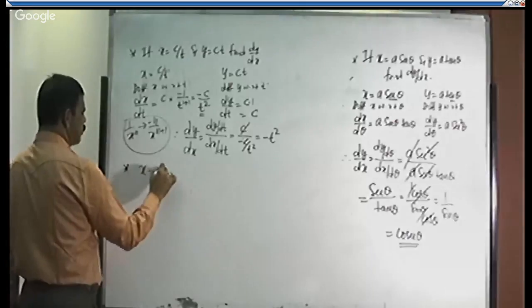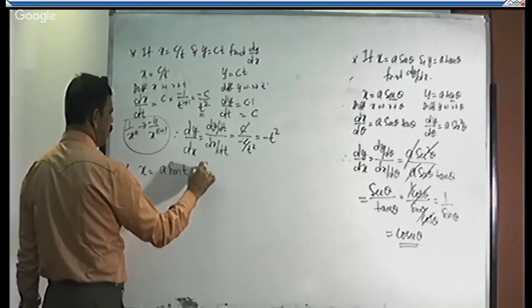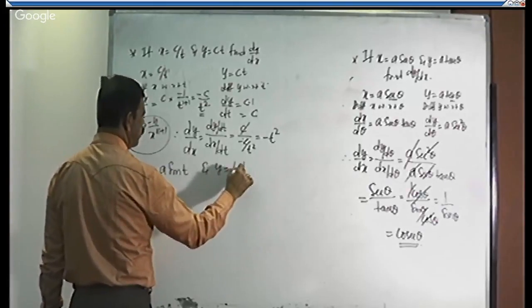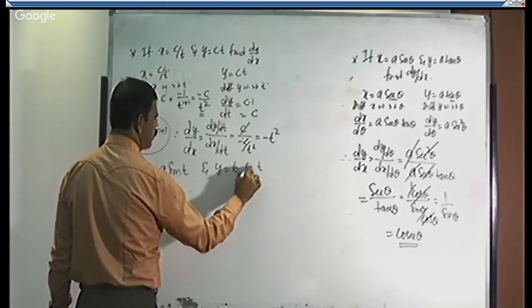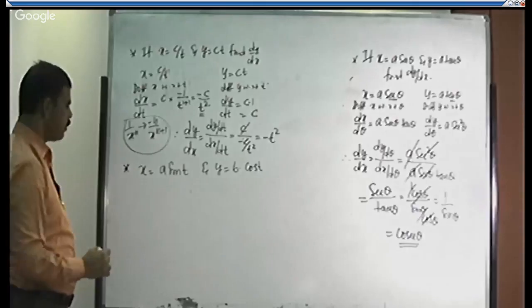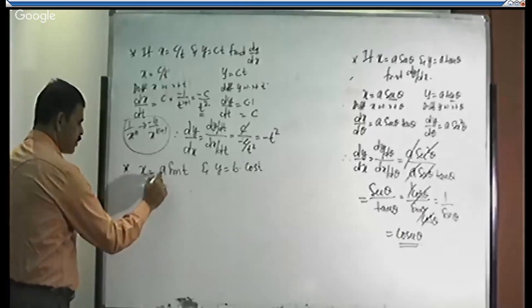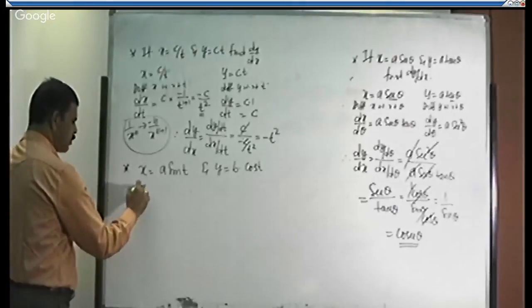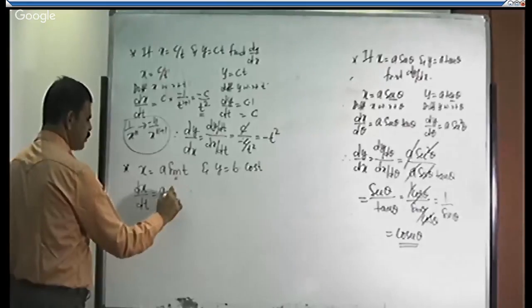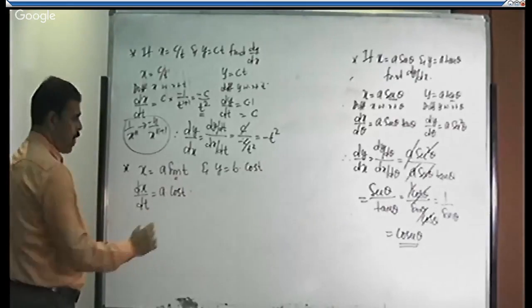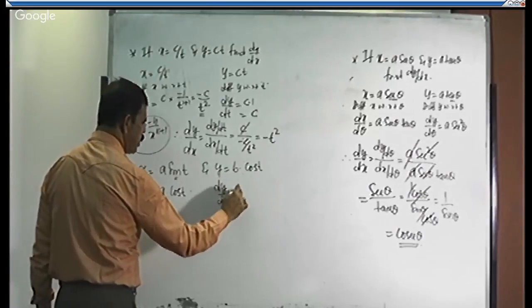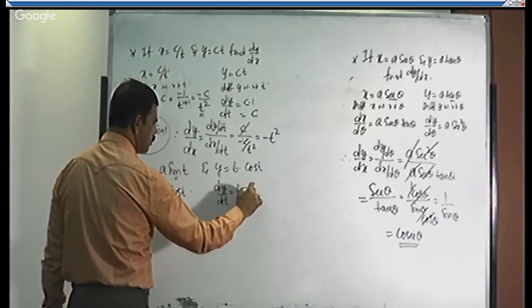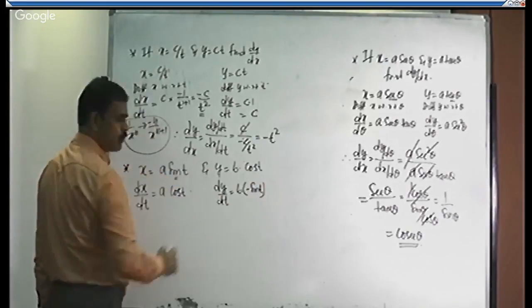If x is equal to a into sin t and y is equal to b into cos t, let us take cos t, find dy by dx. Differentiate x with respect to t, it is dx by dt. A into differentiation of sin t, which is cos t. Differentiate y with respect to t, you will get dy by dt. B into differentiation of cos t, which is minus sin t. Write it in brackets.